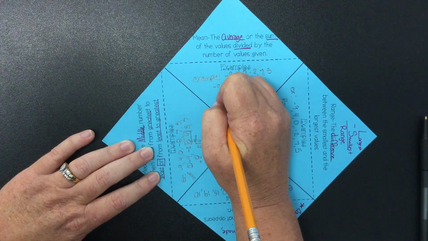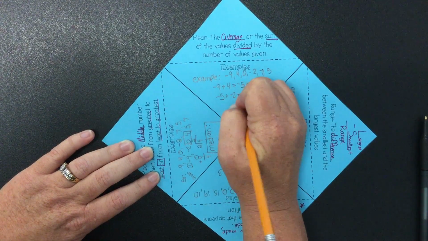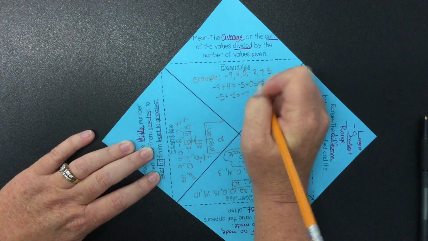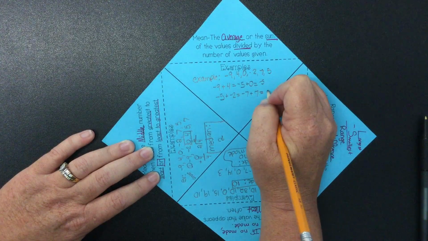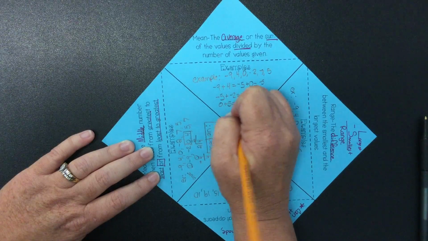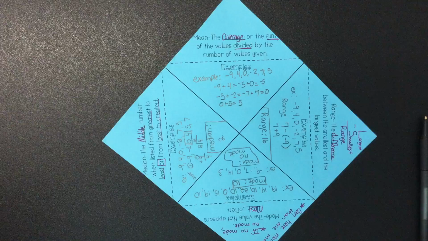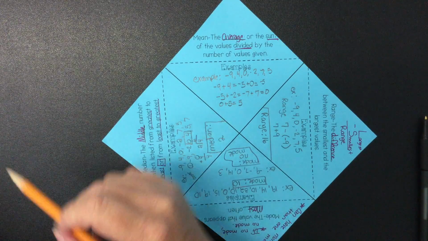Perfect. We'll write it down here. -5 plus -2 is? -7 plus 7 is? 0 plus 5 is? All right. So my sum of all of these numbers is what? 5. Does everybody agree?